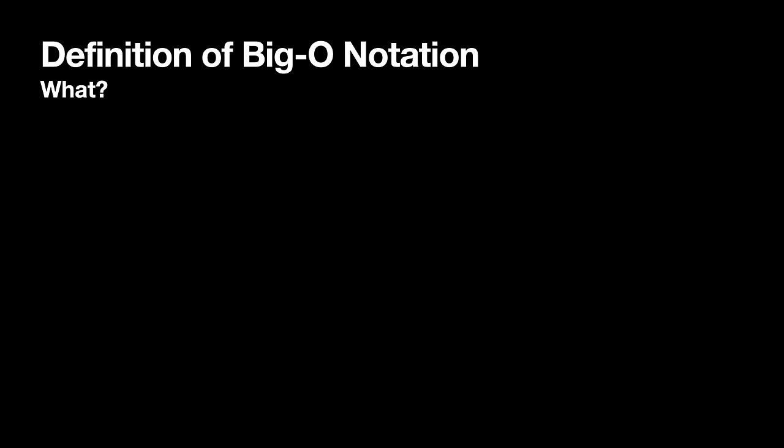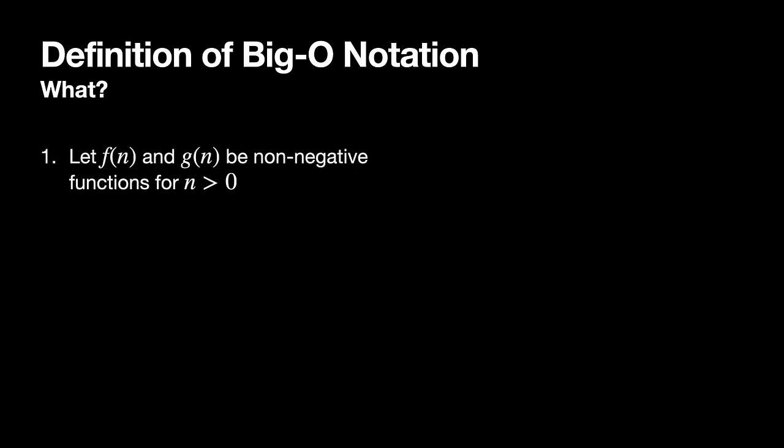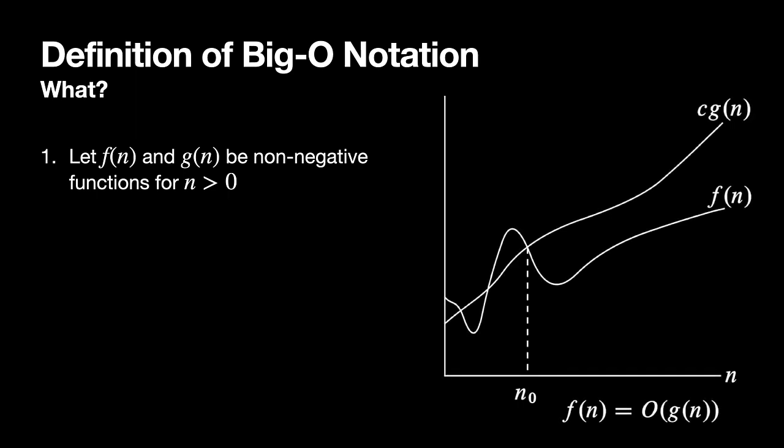Okay, so again, let's try and break this down to the component parts and look at it graphically. So f and g are non-negative functions. So let's look at an example of some functions. So here's this horizontal axis and a vertical axis. It shows two functions, f and g.